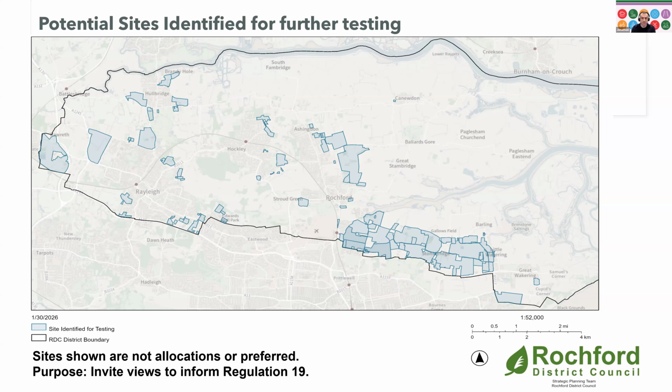Since we began this particular phase of local plan preparation, which goes back to 2014 onwards, since the last plan was adopted, sites have been submitted to the council for consideration. So we've had a number of sites submitted over time, and we have to apply our methodology to that in terms of how they've been assessed so far.